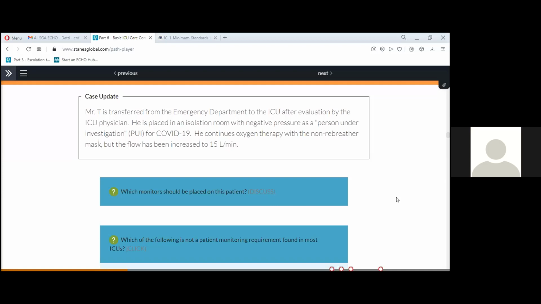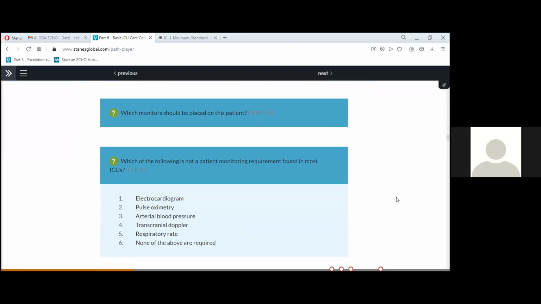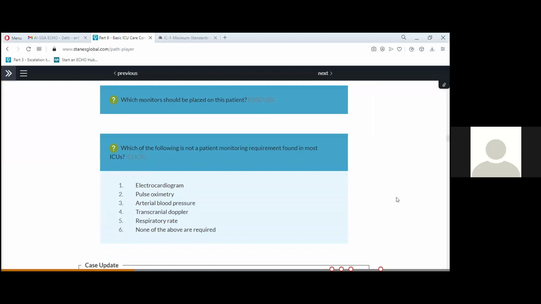Okay, thank you so much. There's a question that follows. Which of the following is not a patient monitoring requirement found in ICUs? So we have 6 options there. Number 1, electrocardiogram. Number 2, pulse oximetry.